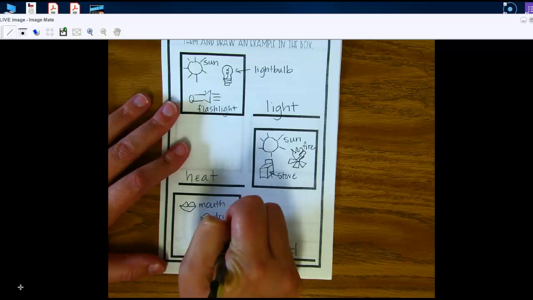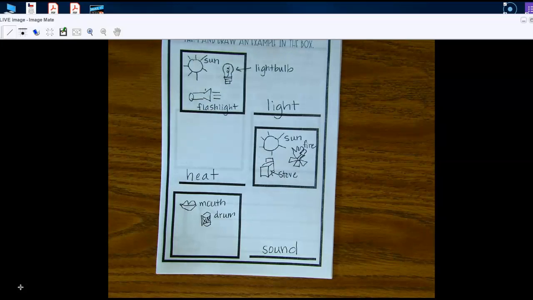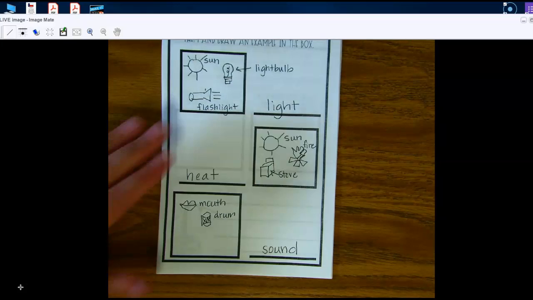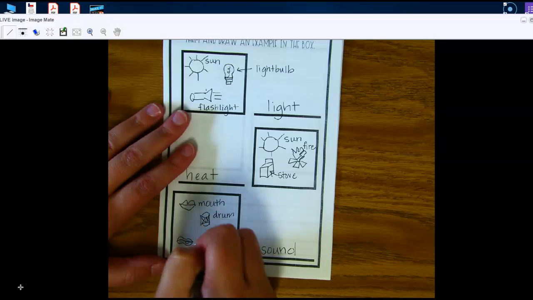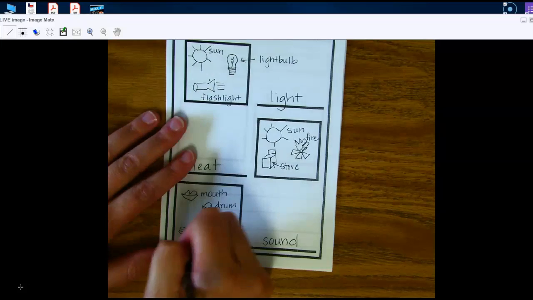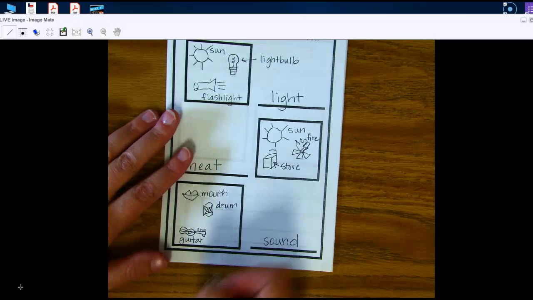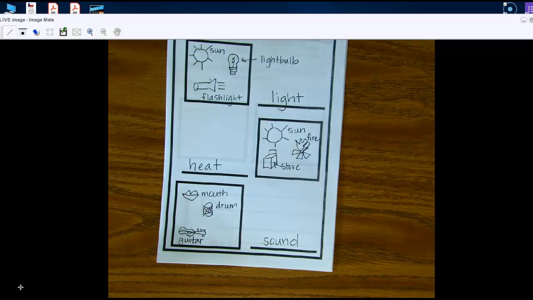Drum. Okay. What's something else? Gracie? Guitar. A guitar. I knew you were going to say that. Guitar. A radio. You could do radio. Fire doesn't, it does a crackling sound, but it's not a vibrating sound.